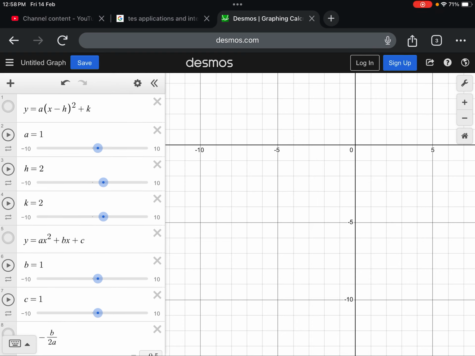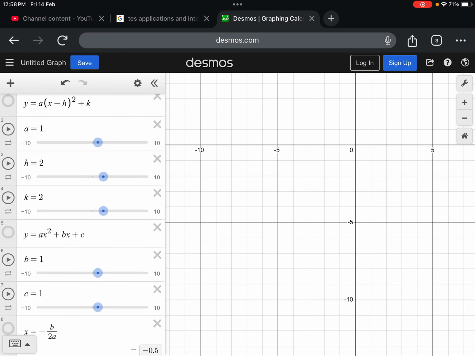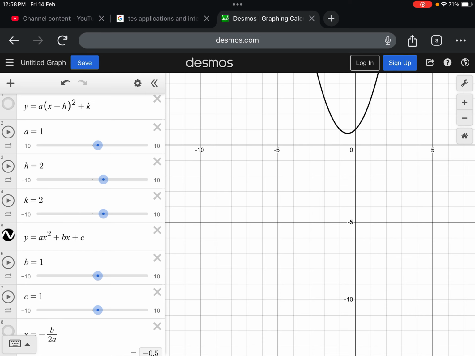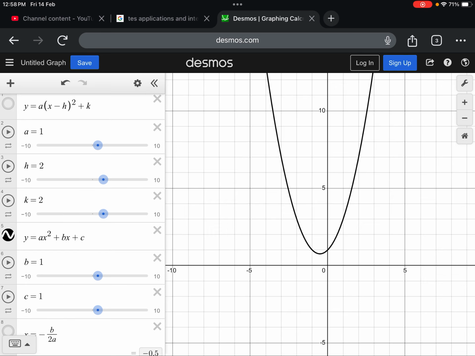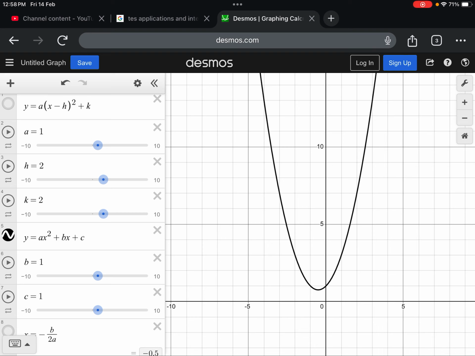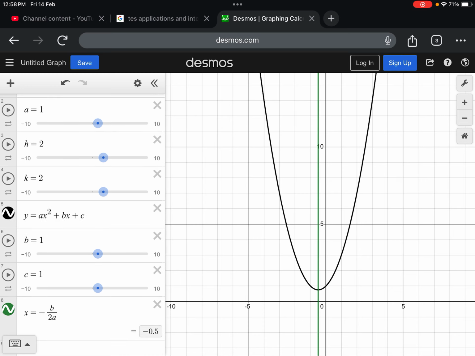What I'm going to also do is open up this graph. This is actually the standard form of the graph. What I did was I made a to be 1, b to be 1, and c to be 1 in this case. Now, I've also created a line, which is the green line.